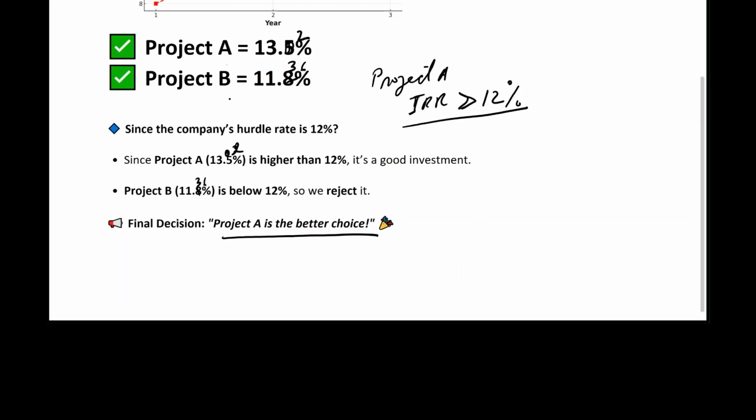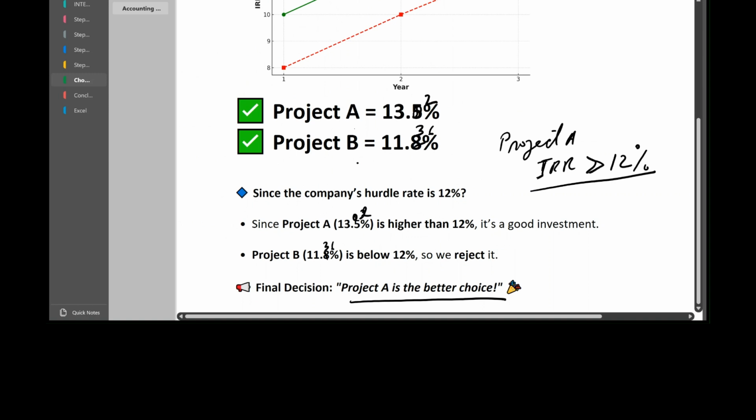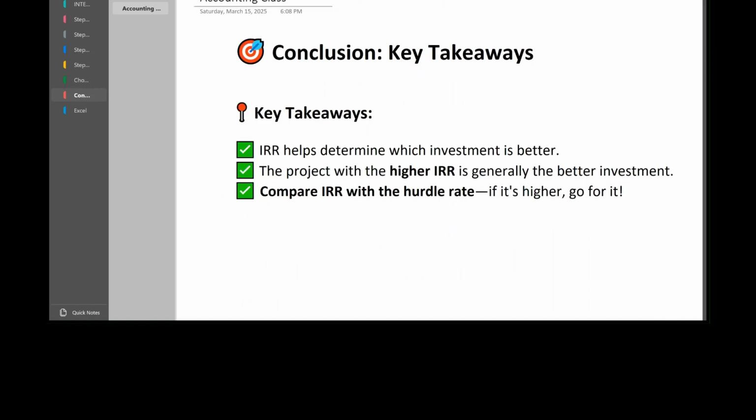So in conclusion, what are the takeaways? When you're facing two projects that require an initial investment and will generate cash flow over a period of time, and you have a minimum required rate, which is the hurdle rate, the tool that you're going to use to make that decision is the IRR, which will help you determine which project is better.